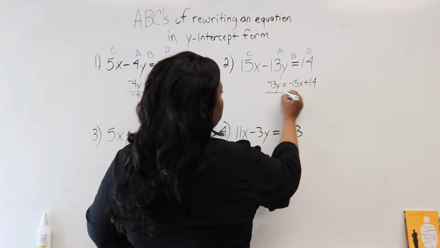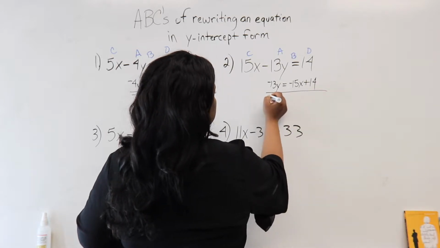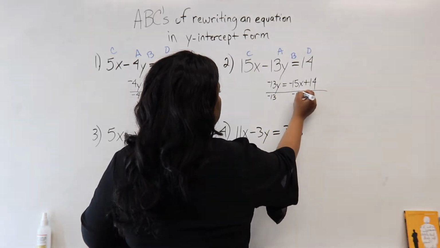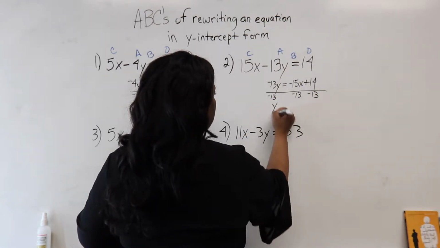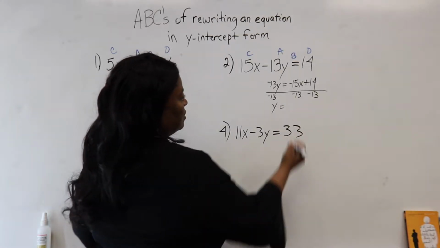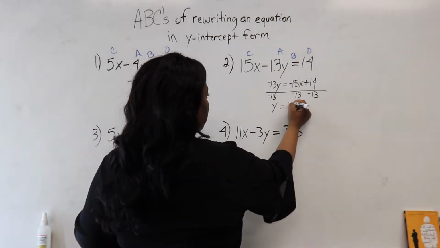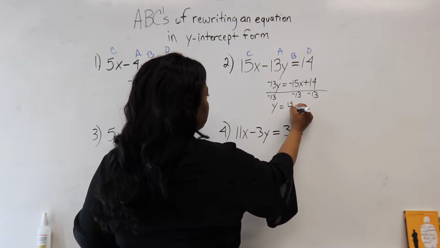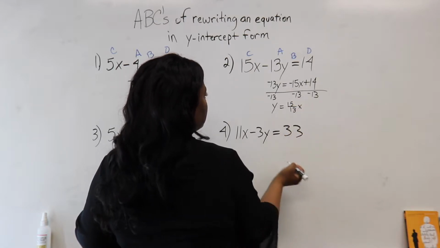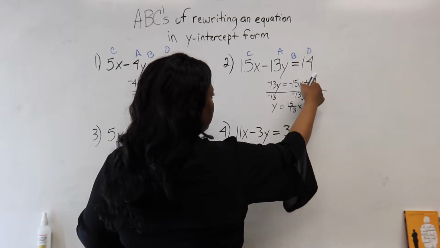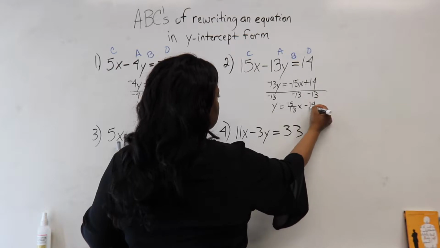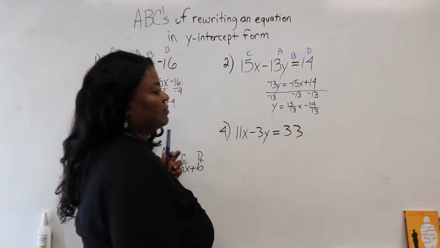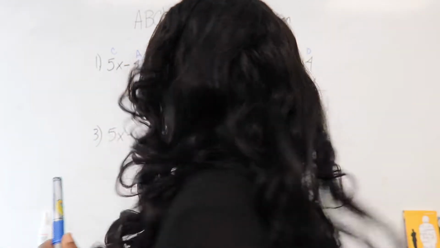So we divide everything by that negative 13. Over here, it becomes y equals negative divided by negative is a positive. And now we have a positive divided by a negative. Two down. 2 more to go.